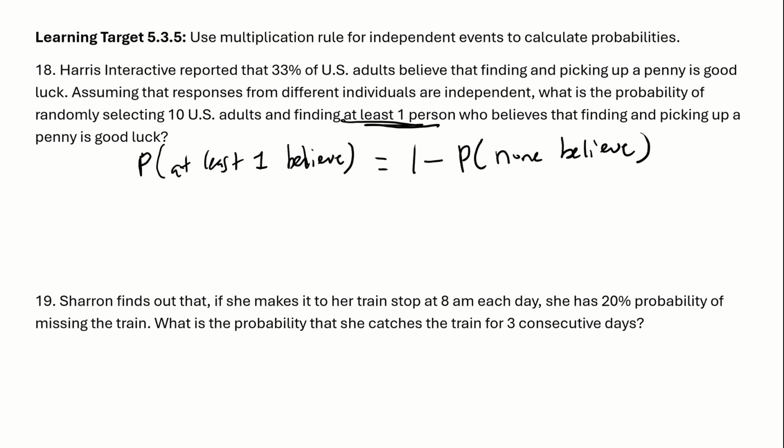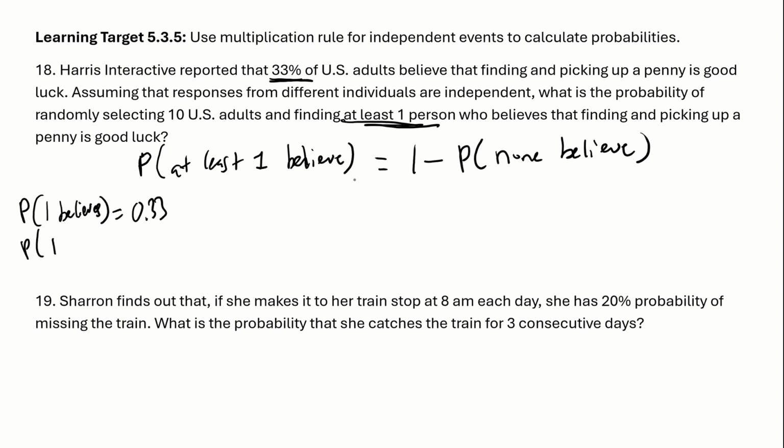Okay, and it says that 33%, and we know that the probability that they believe is 33%, right? So let me just do that. So 1 minus 0.30. And we know that the probability, let me just write here, probability that the 1 believes is 0.33.